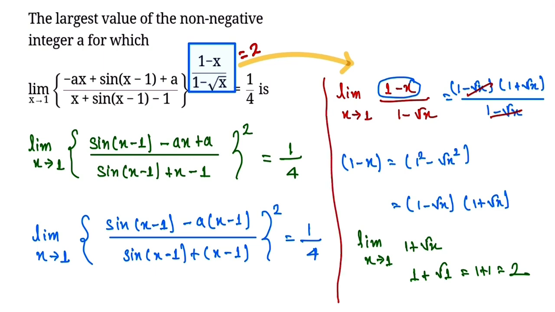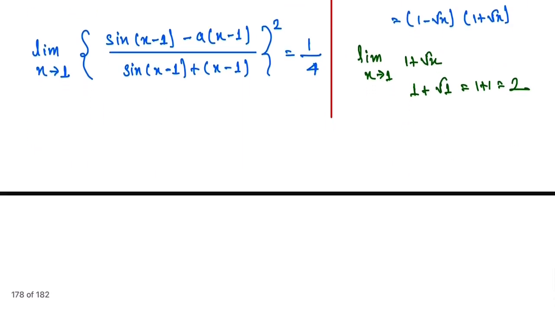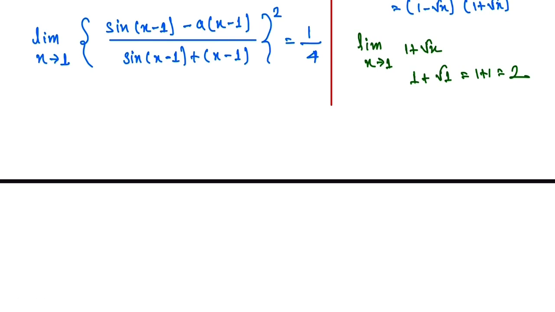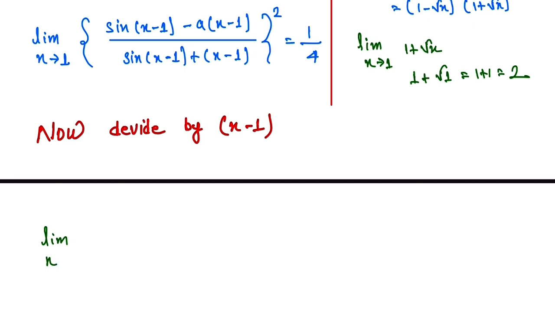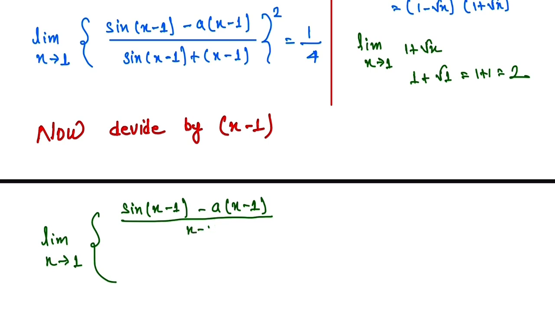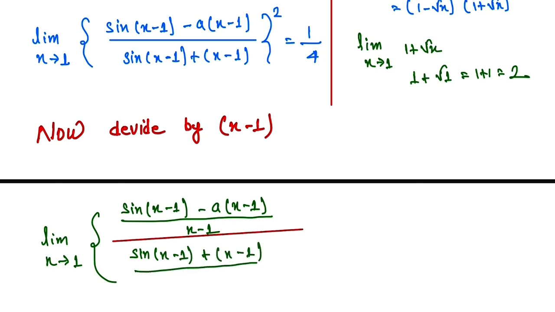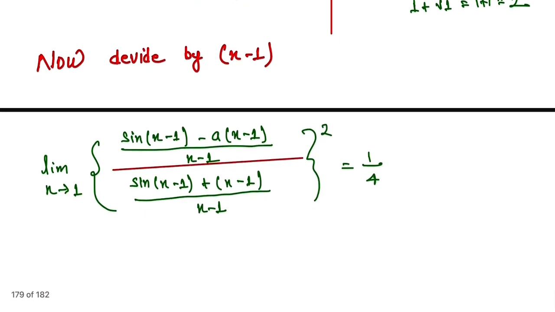Now we divide numerator and denominator by x minus 1. So the limit as x tends to 1 of (sin(x minus 1) minus a(x minus 1)) by (x minus 1), divided by (sin(x minus 1) plus (x minus 1)) by (x minus 1), and the whole power is 2, equal to 1 by 4.